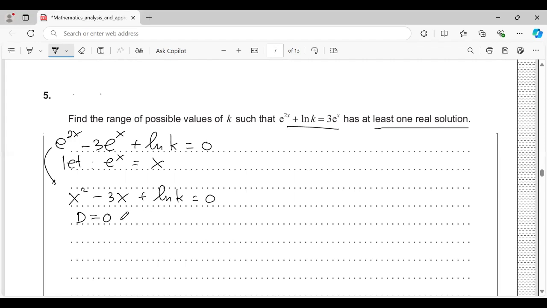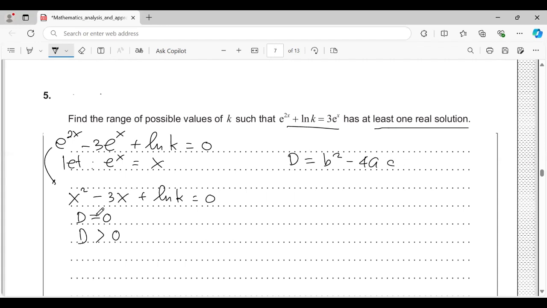If d equals 0, the quadratic equation has one solution. And if the discriminant is greater than 0, this quadratic equation has two real solutions. As you know, the discriminant formula is b squared minus 4ac.